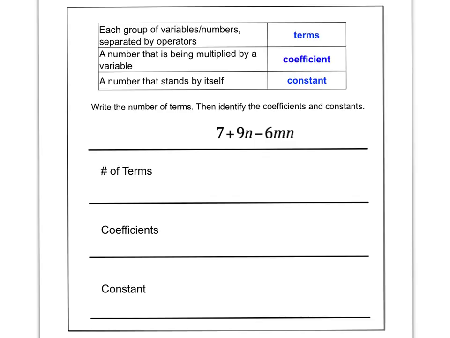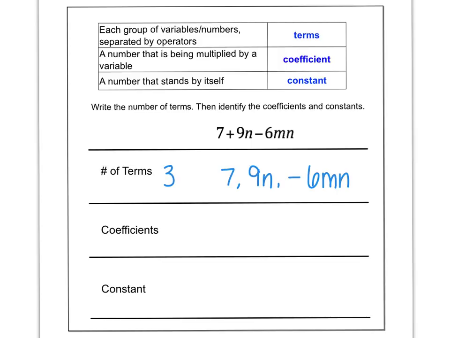This last example has a good combination of a little bit of everything. Looking, it's a little bit longer of an expression this time. I have 3 terms, and that comes from 7, 9n, and just like we saw with that last example, I'm going to consider this last term as a negative 6mn.